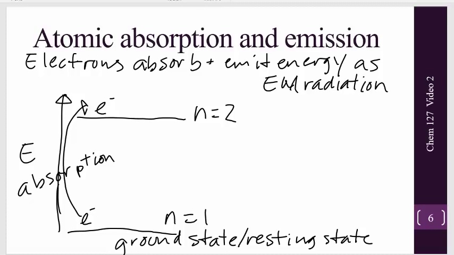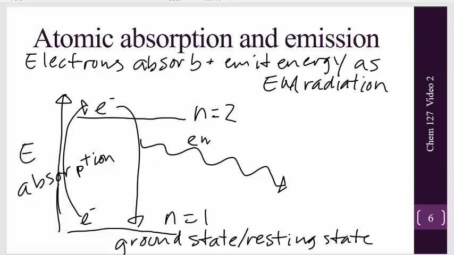However, this electron can't stay here forever. It's actually going to stay there for much less than 1 second before it then emits this energy and goes back down to some lower energy level. So this is going to emit this energy in the form of a photon of electromagnetic radiation. So this is the emission of a photon.